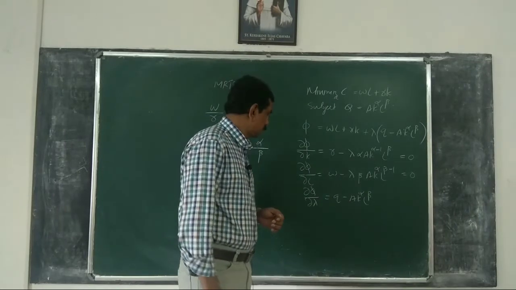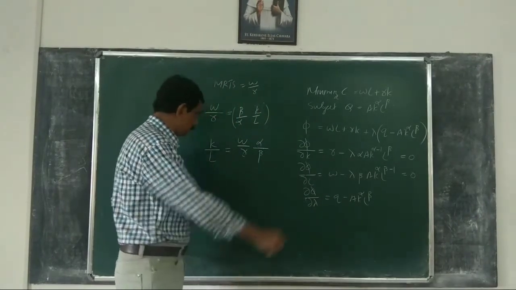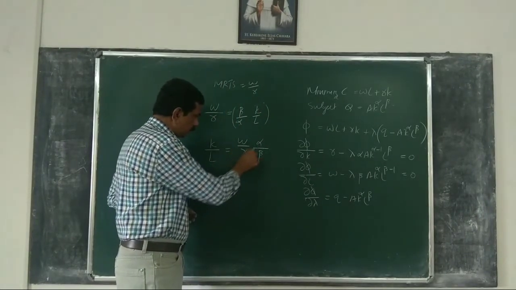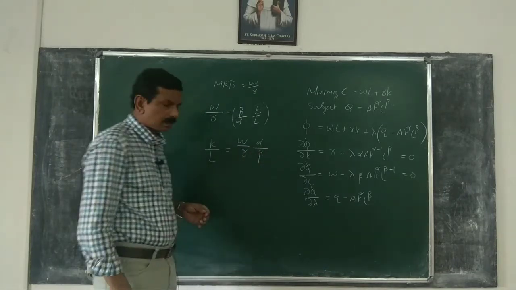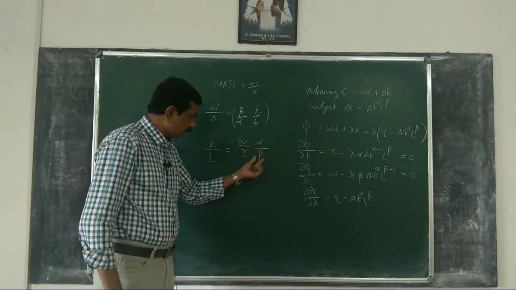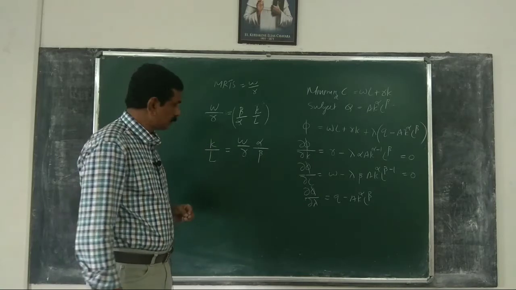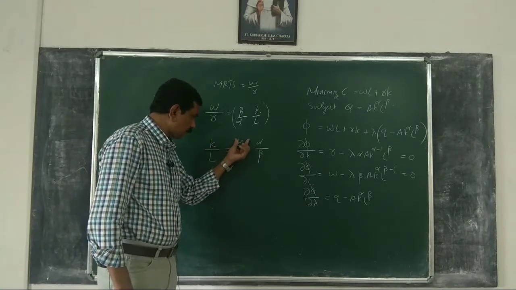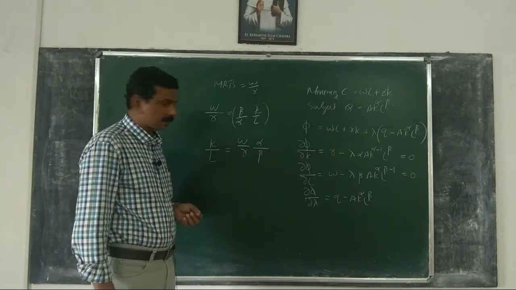And the capital labor ratio is equal to W by R into alpha by beta. And we know that alpha and beta are constants. Then the question is, what about W by R?